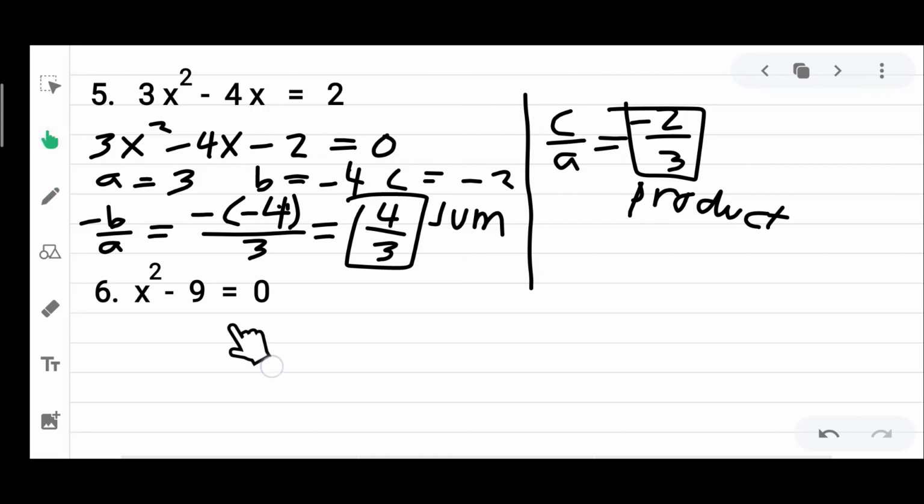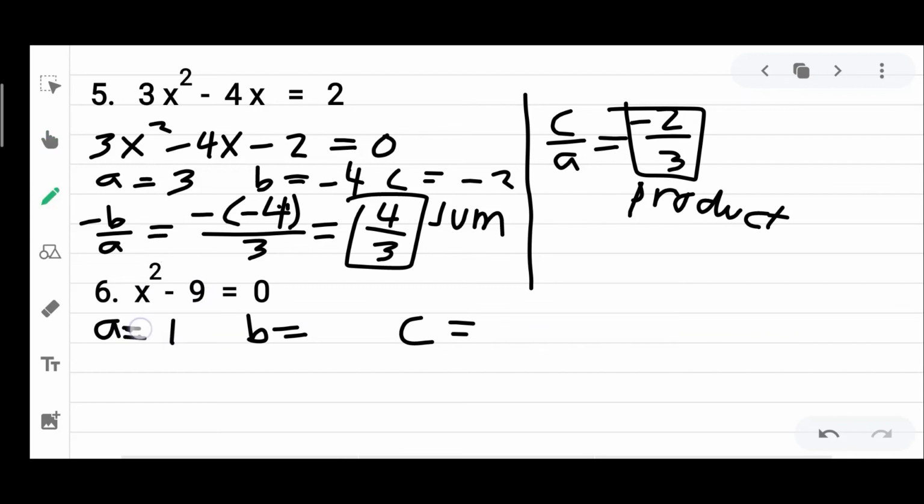So for our last example, we have x squared minus 9 equals 0. So naka-standard form na siya. So let's identify the values of a, b, and c. Ang value ng a natin dito ay 1. Yun yung numerical coefficient ng may exponent na 2, which is yung x squared.